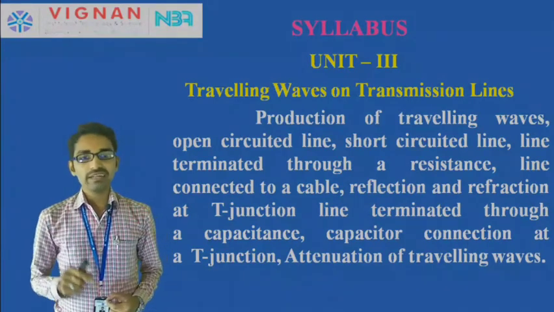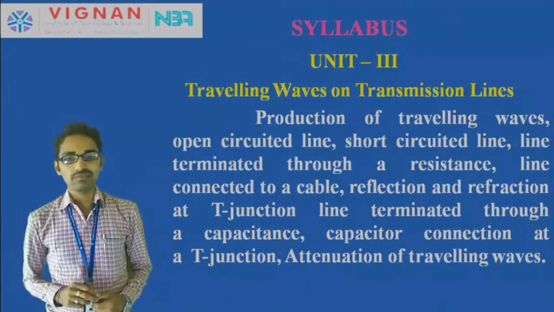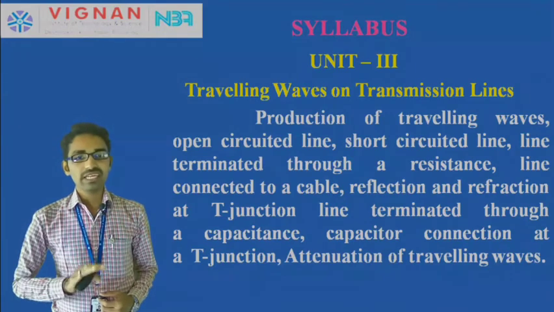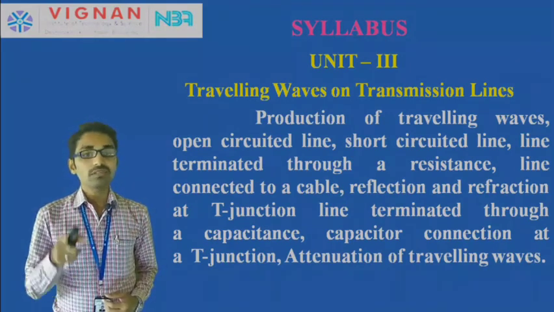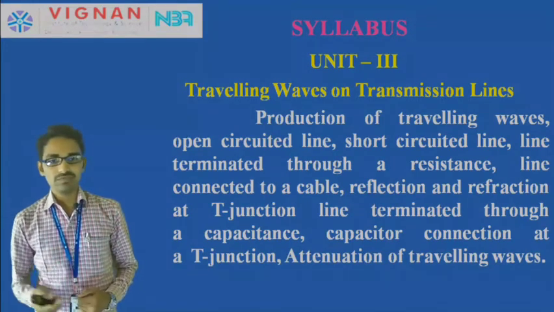And if the line is terminated through a resistance, then what happens to the travelling waves? And then the line connected to a cable: if we connect this transmission line to the underground cable, then what happens to the travelling waves on transmission lines, whether it is reflected or refracted?